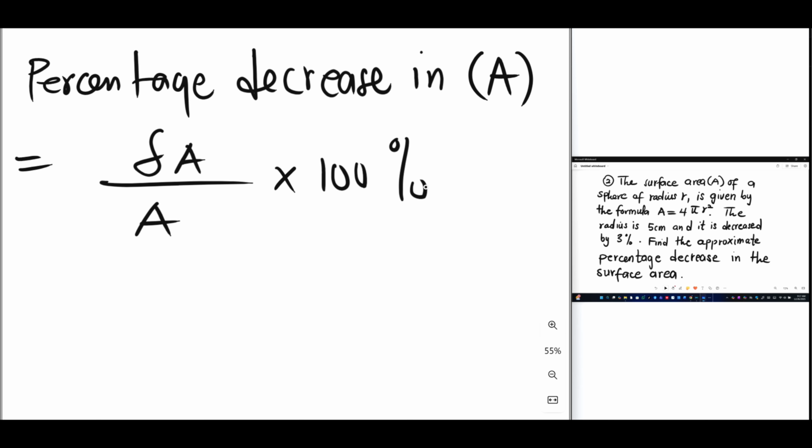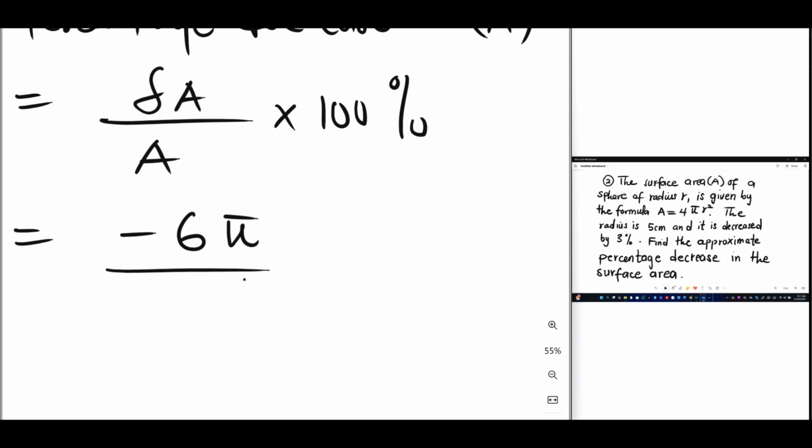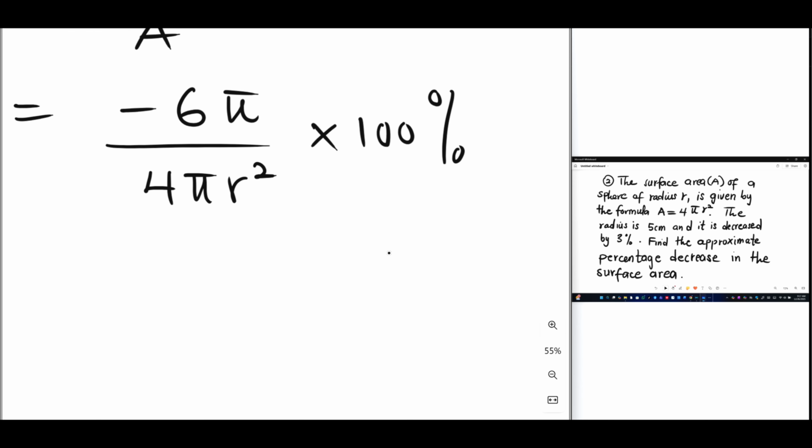So we know the change in the area to be negative 6 pi, divided by the area, which is 4 pi r squared, times 100%. So let's continue.